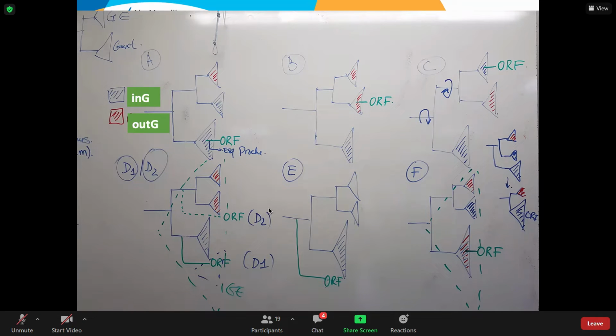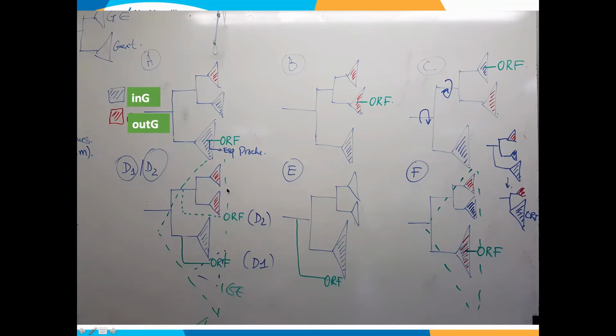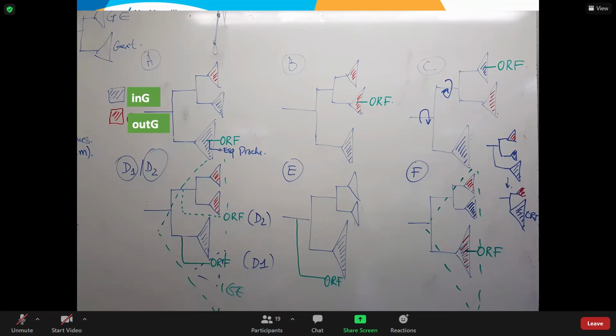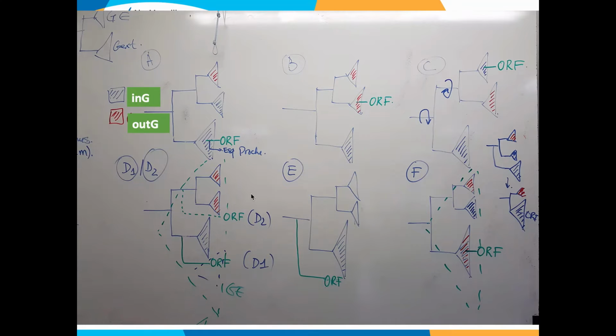This is the same in the case of D2, as you can see here. In the case of D2, the ORF emerges out of your outgroup. In that case, you move back one level from, for example, family to order. You move back and then you select another outgroup.